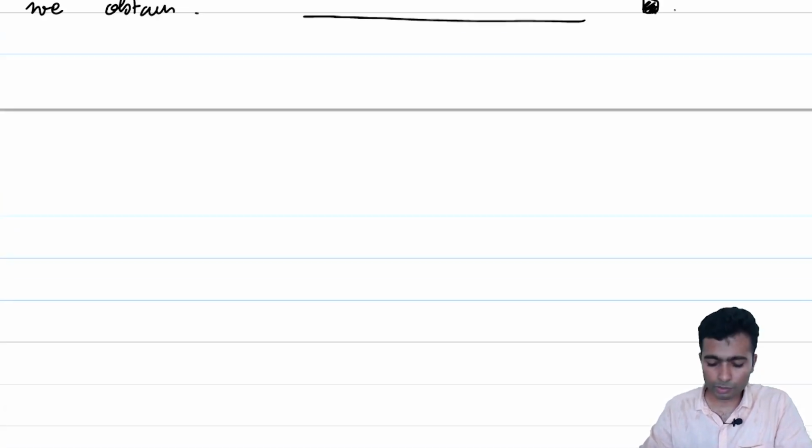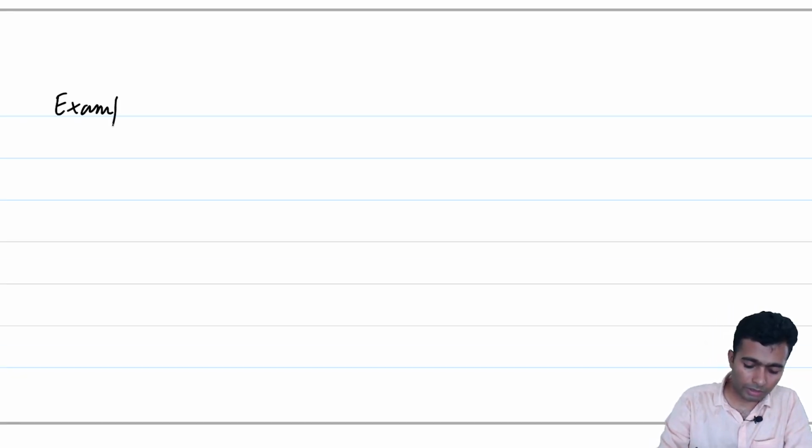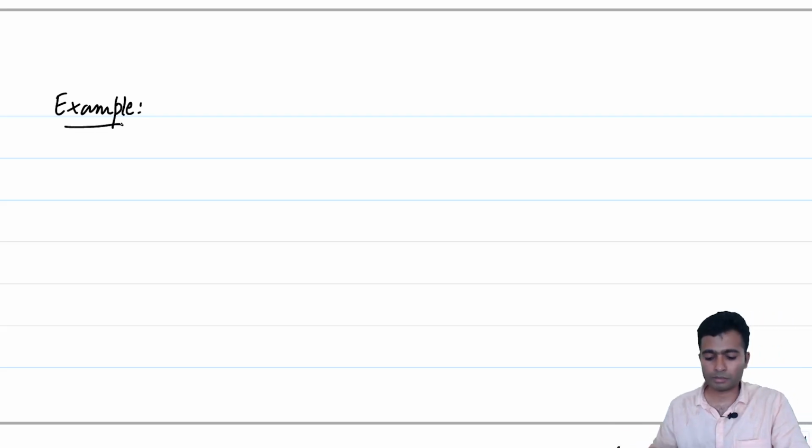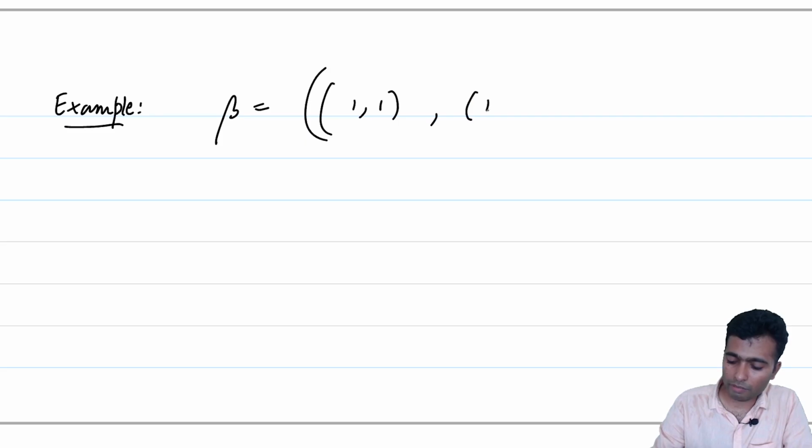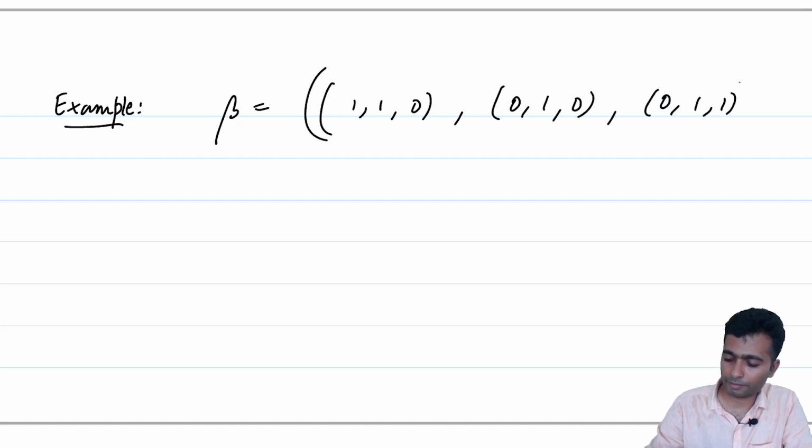So let's apply this to a simple example before we conclude. Let's take some easy example of say beta being equal to 1, 1, 1, or maybe let's slightly make it more complicated: 1 1 0, 0 1 0 and 0 1 1.